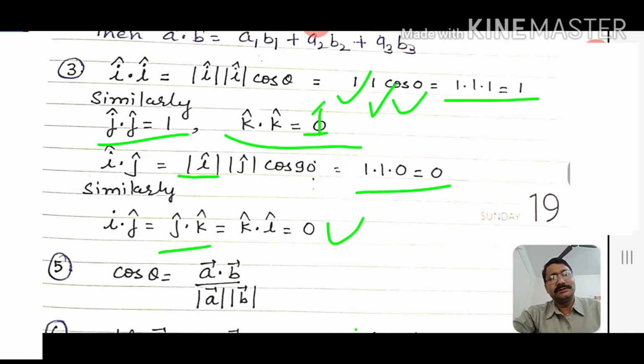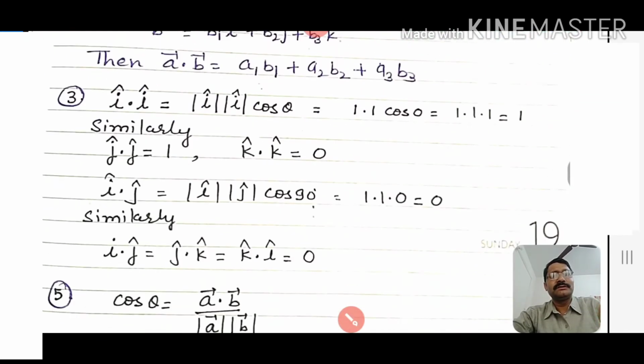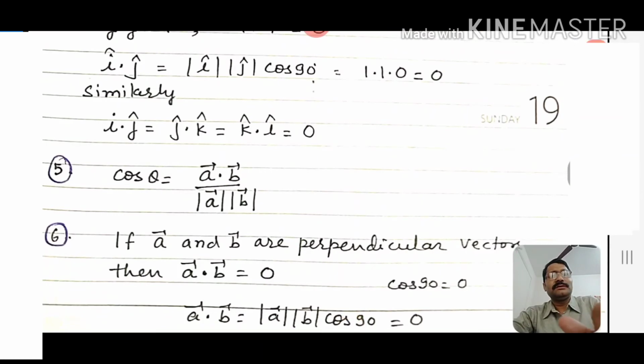the value 0. Look here, cos theta, we have this formula for A dot B, and by this you can find cos theta also. So how can we find cos theta? Look here, cos theta will be equal to A dot B upon modulus A modulus B. So if theta is 90 degrees, then cos theta is 0.